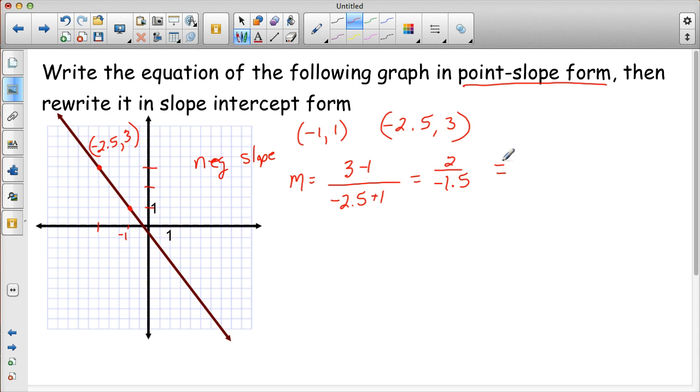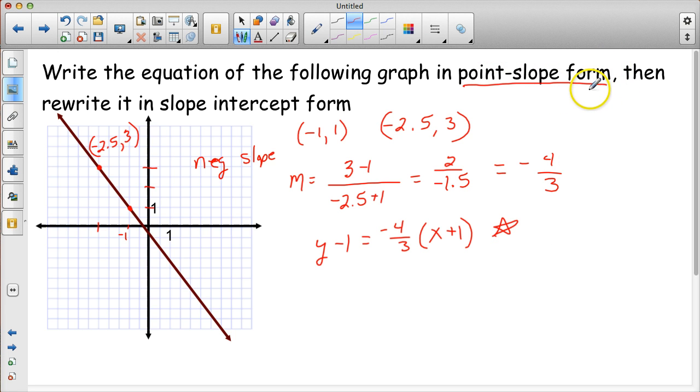And when I simplify this, I'm going to get -4/3. That's my slope. Now I can write an equation using either one of these two points. So I would have y minus 1 equals -4/3 times x minus -1, or x plus 1. That's the equation of my line in point-slope form.